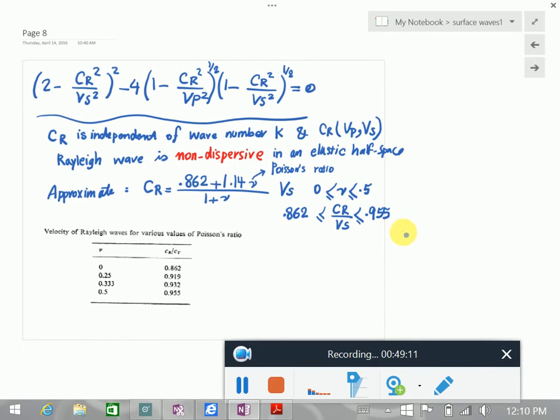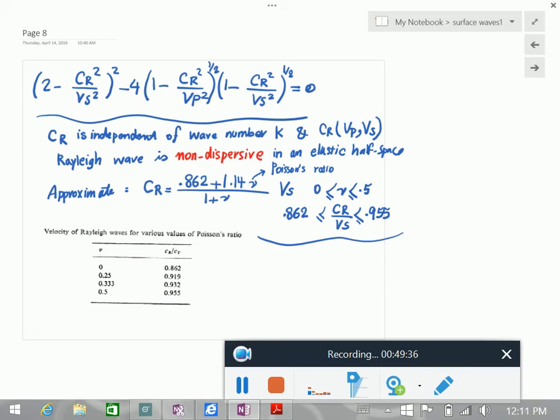Okay, this is about the velocity. And it's a function of the P-wave velocity and shear. So if you look at the approximate expression, we see that it's written in terms of shear wave velocity and Poisson's ratio.